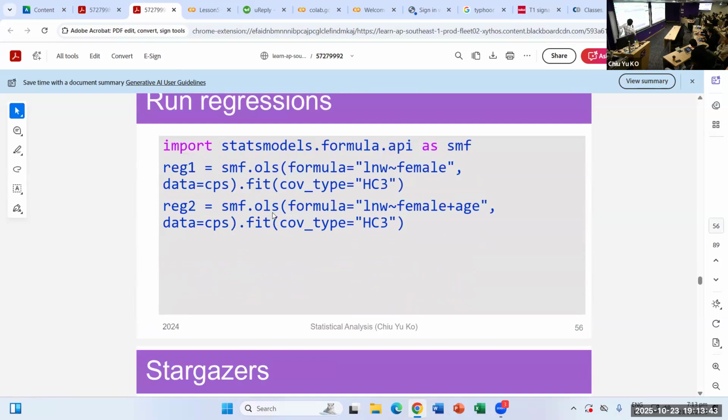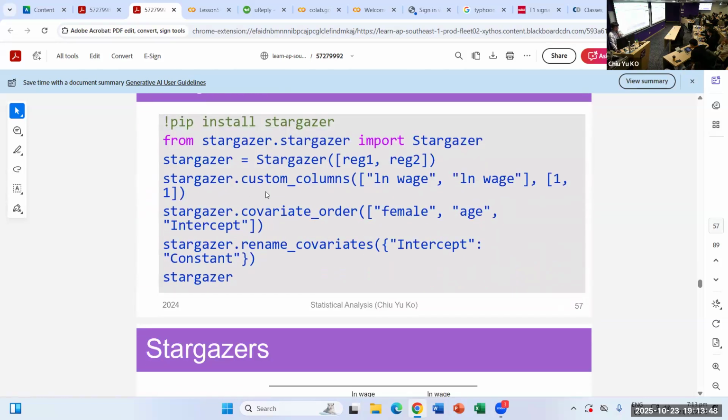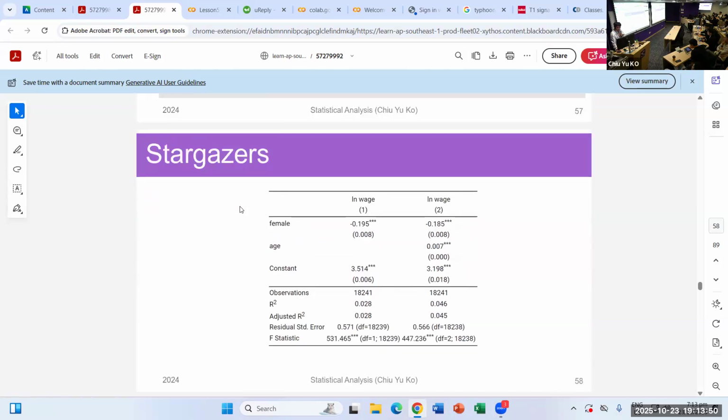Once you run this, you run the regression on female, and on female plus age, using the Stata-style regression to run it. In this regression you can see the female is earning 19% less salary, but as we see, females retire earlier, and usually you earn your highest wage at the end of your career.